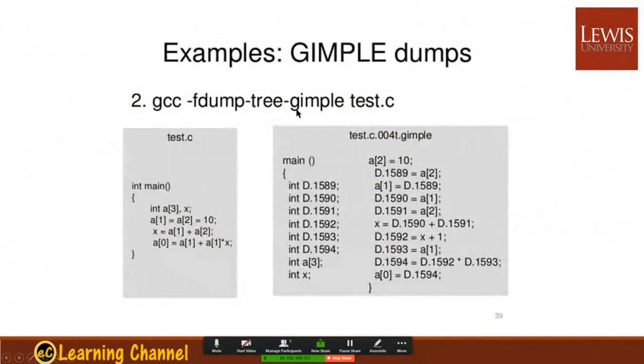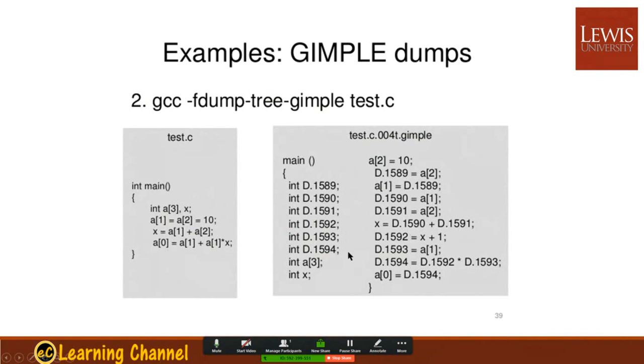After the tree dump, we traverse through the tree and convert it into the GIMPLE format. The GIMPLE format could be a file called list for the test.c program. And as you can see, temporary variables are being generated.